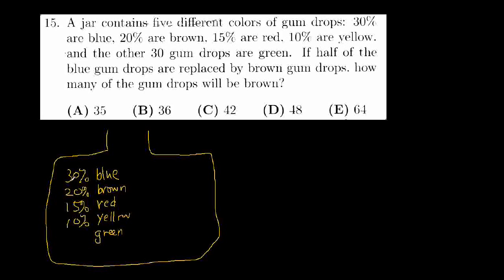and you can see 30, 50, 65, 75. So 25% actually are green, which is 30.